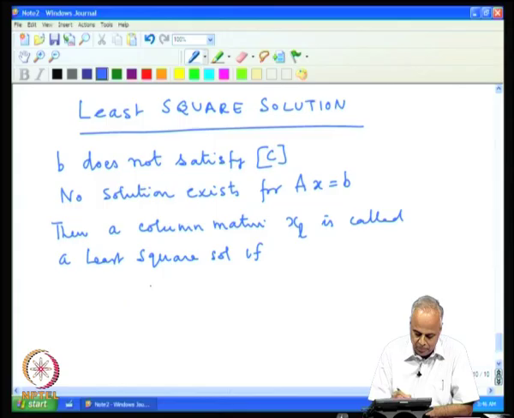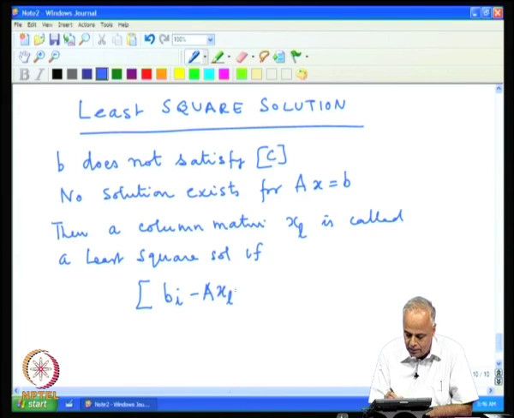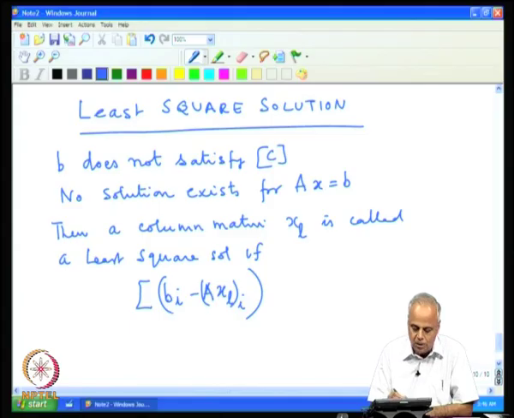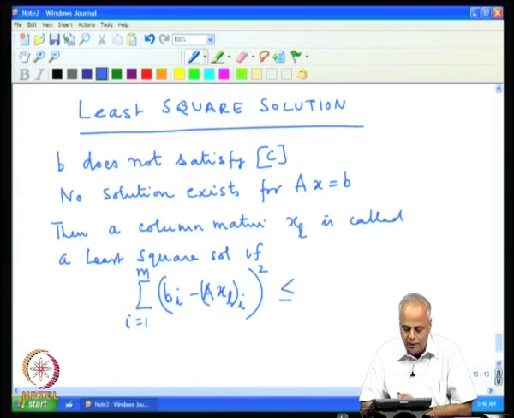What does it mean? If you look at the error obtained by taking this x, calculate the error in each entry in the error matrix, square it and add all the errors, that error should be the least among all possible errors.